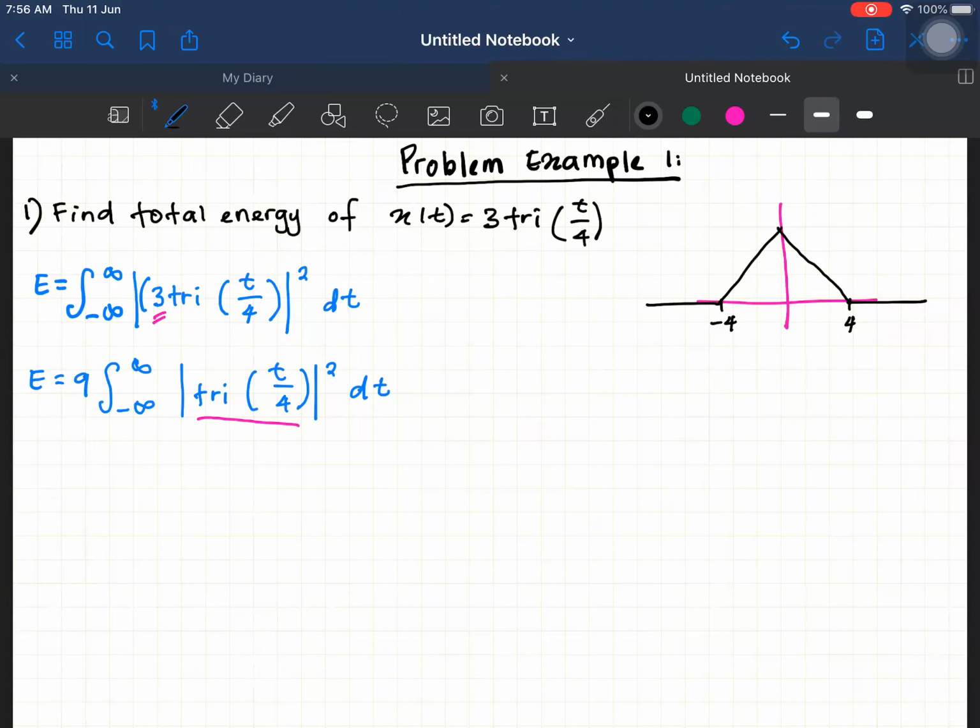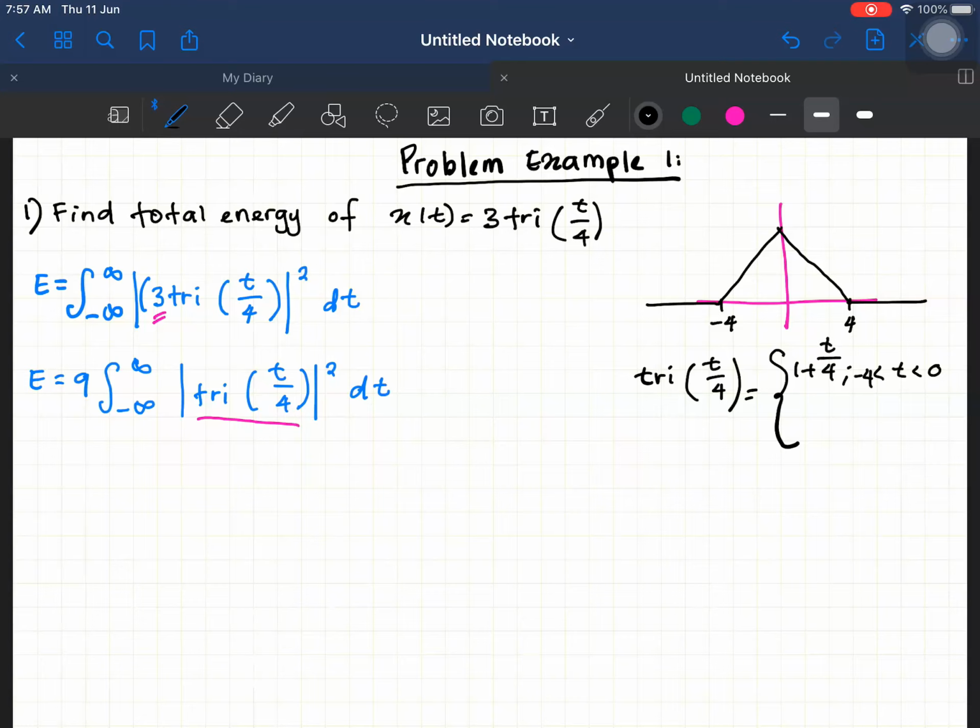If you write the equation that defines this signal, you will see that tri t over 4 is equal to 1 plus t over 4 when t is between minus 4 and 0.